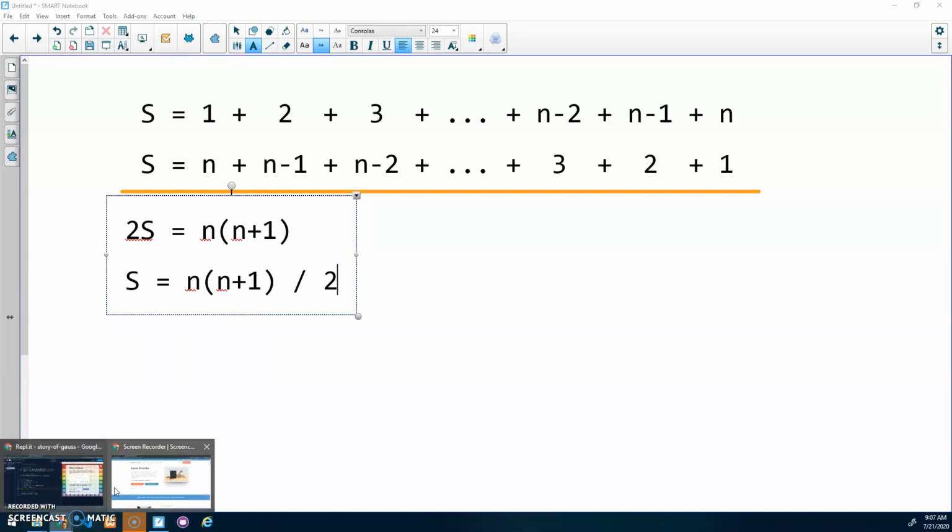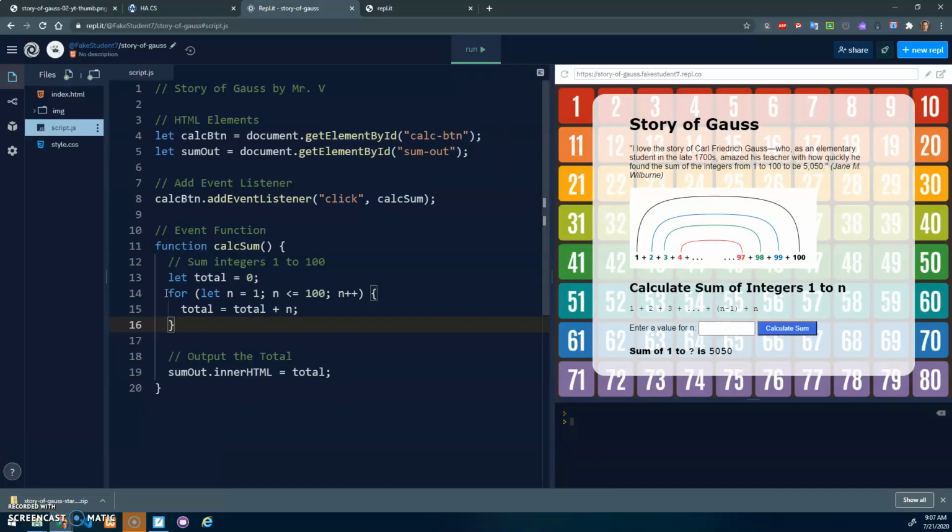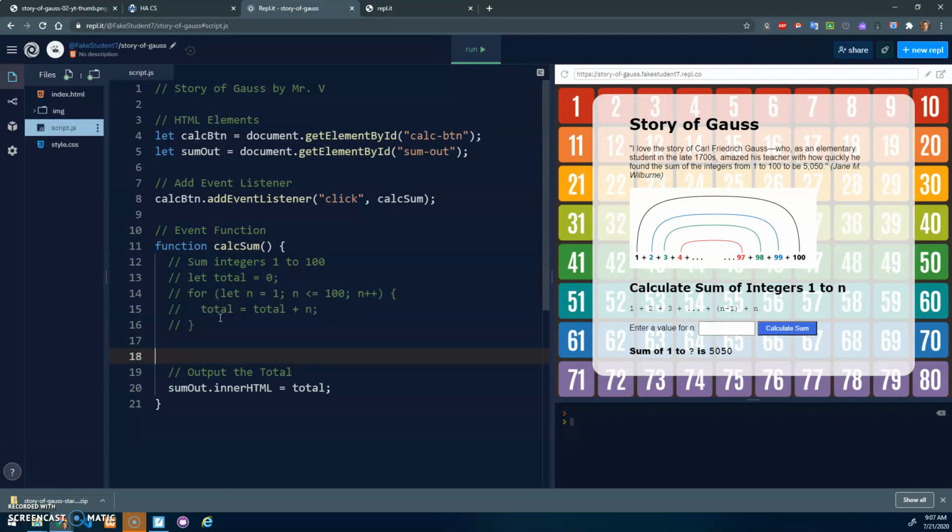Okay, so that's a calculation that we need: n times n plus 1 divided by 2. So if I go back to my code, instead of doing this loop, let's comment that out. What I could just do is let total be assigned n, which in this case is 100, times n plus 1, which is 101, and then divide by 2.